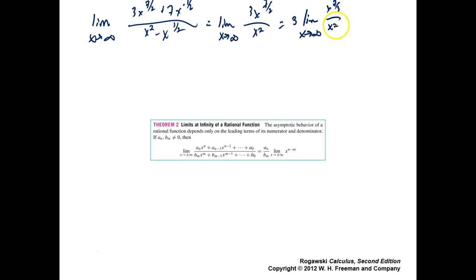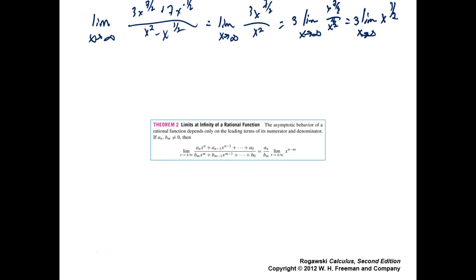Basically, x squared would be x to the 4/2, right? Because 2 is 4 over 2. Okay. So this would be 3 times the limit as x approaches infinity of x to the 3/2, right? That's a pretty ugly 2 there, but that is a half there. 7/2 minus 4/2 is 3/2. X to the 3/2 power.